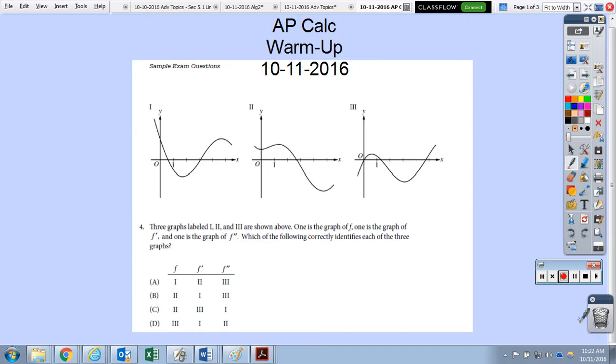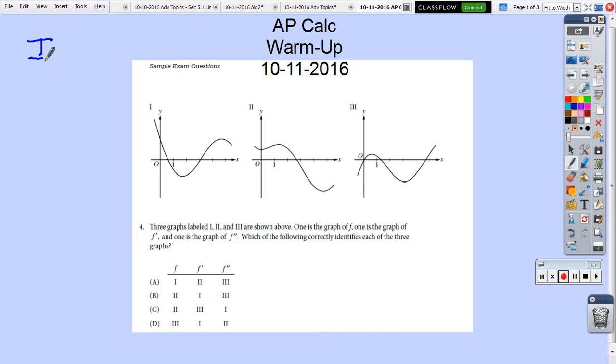And 3 starts off going positive values. So I know that 1 cannot be f, because neither of those could be f prime. So that eliminates choice A.